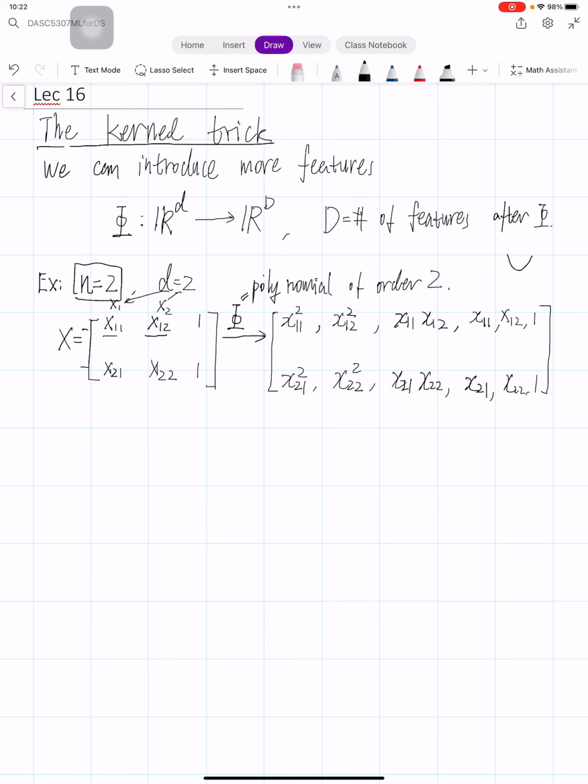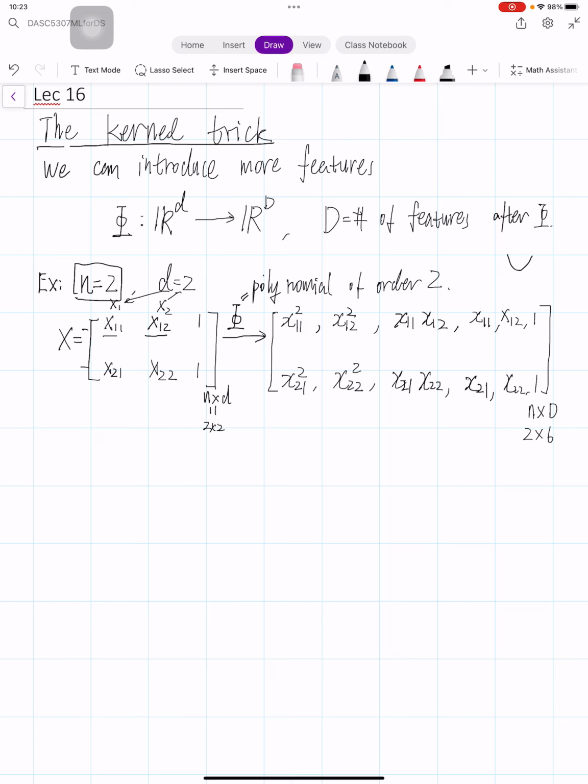So originally our feature space is n by small d, which equals 2 by 2. But after this transformation, we have a feature space of n by capital D, which in this case is 2 by 6.